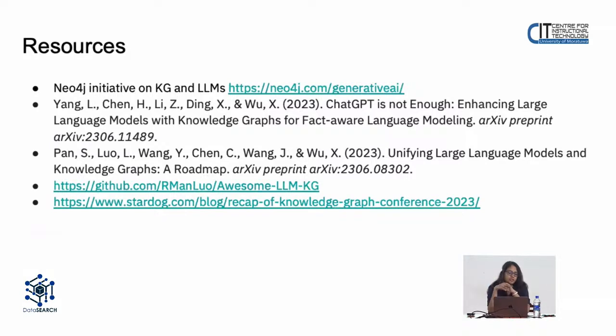There are a few different ways we can use LLMs with KGs. Some of them I have explained now. Even LLMs are used to construct knowledge graphs. LLMs are very good at finding missing information, missing links. It's even used to construct knowledge graphs, and Neo4j is one initiative looking into that.